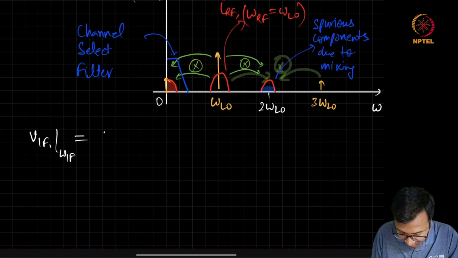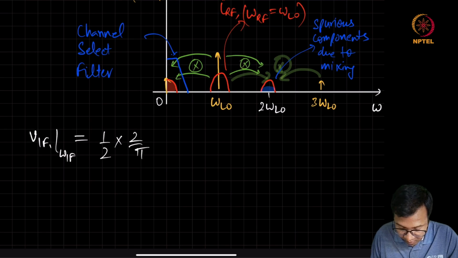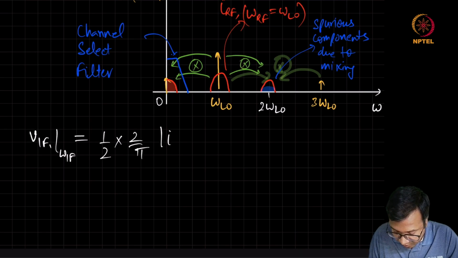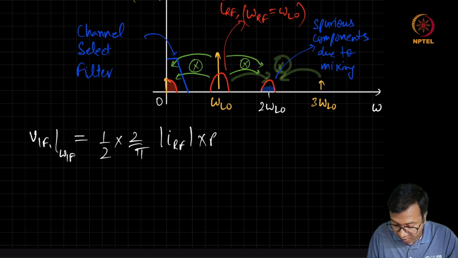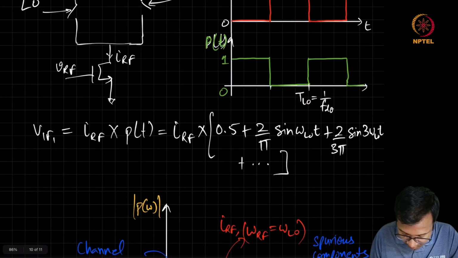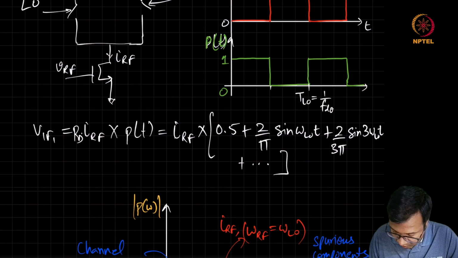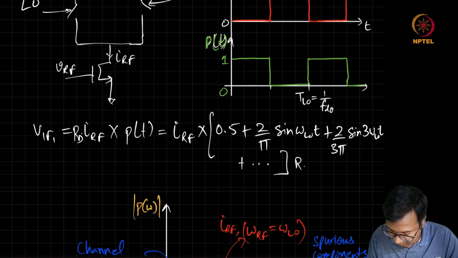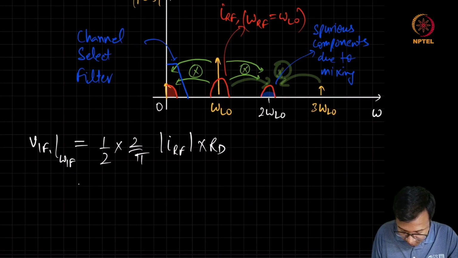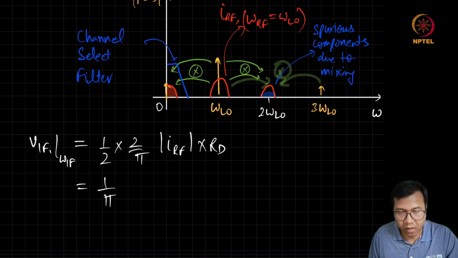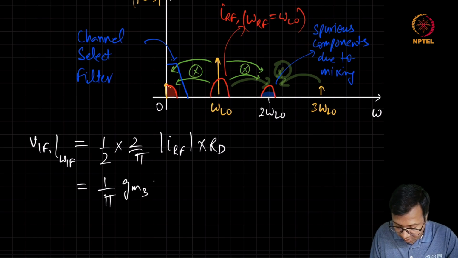So this is going to be half of 2 by pi, whatever is the strength of IRF, multiplied by RD. So here also we should multiply RD. This is equal to 1 by pi RD IRF, where IRF is GM times VRF, GM3 into RD VRF.